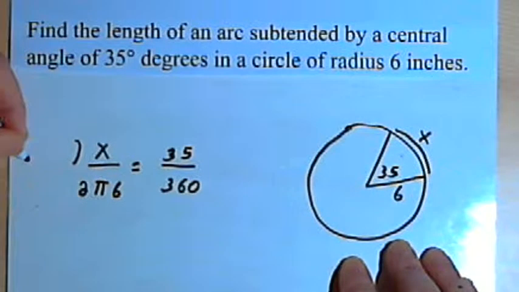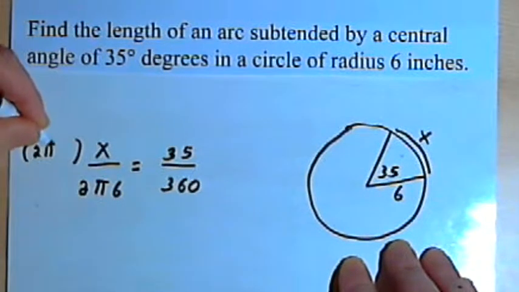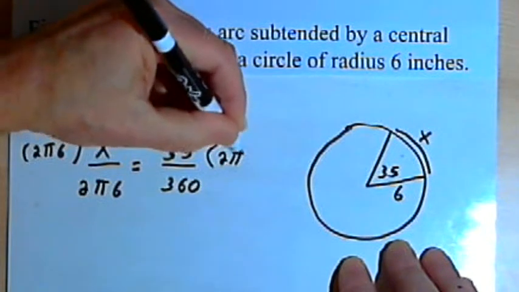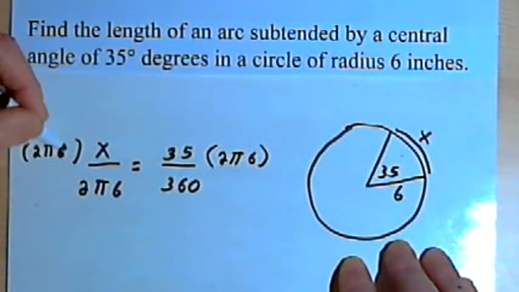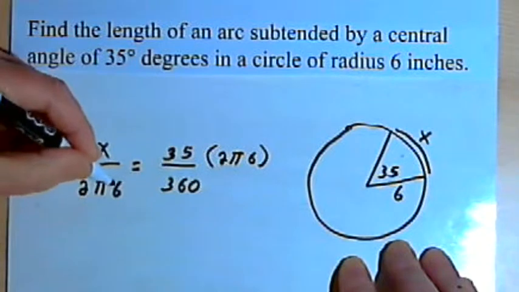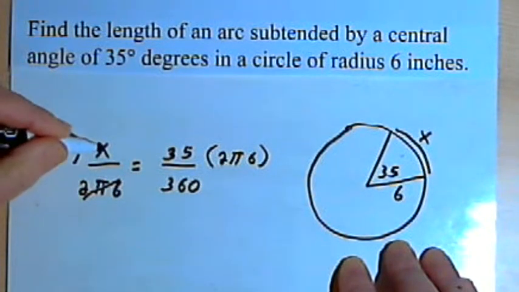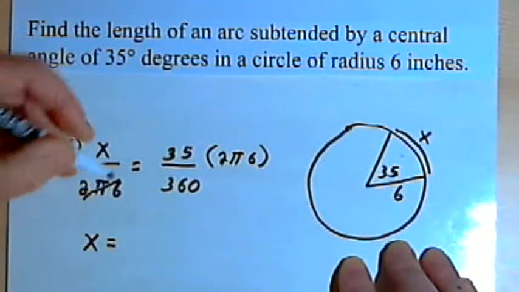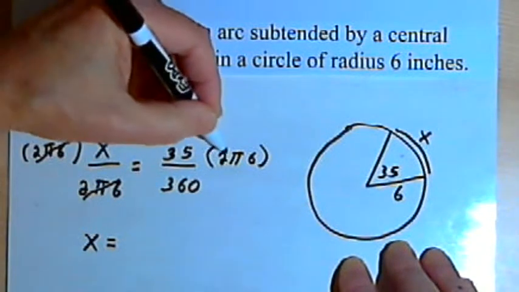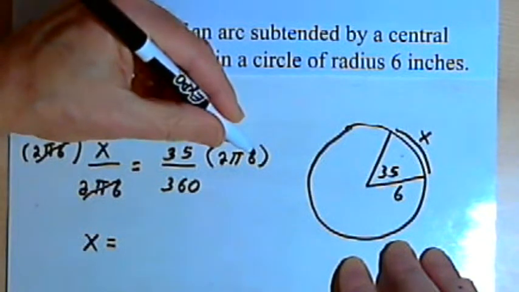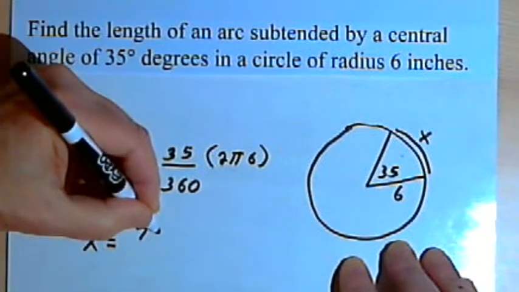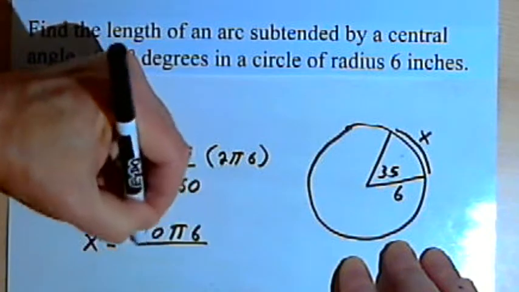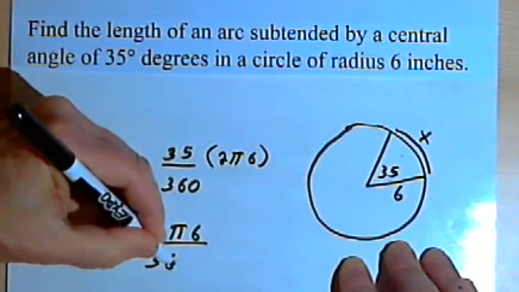So I'll multiply both sides of this equation by 2 pi 6. And I'll be able to cancel out everything on the left side of the equation except for the x. On the right side of the equation, 35 times 2 pi 6 is going to be 70 pi 6 over 360.